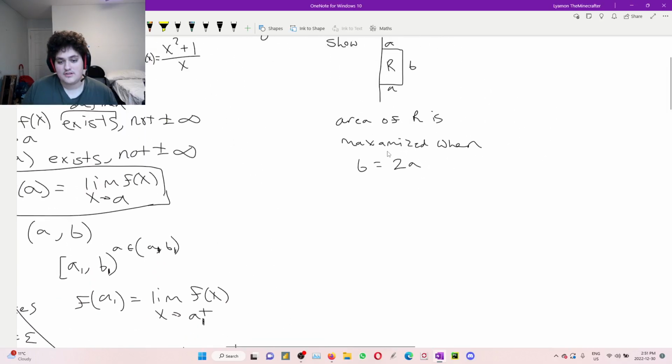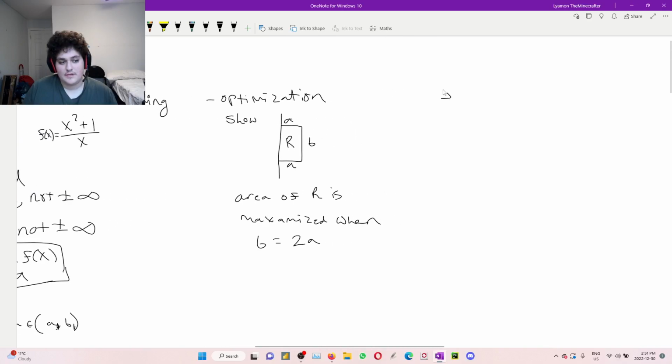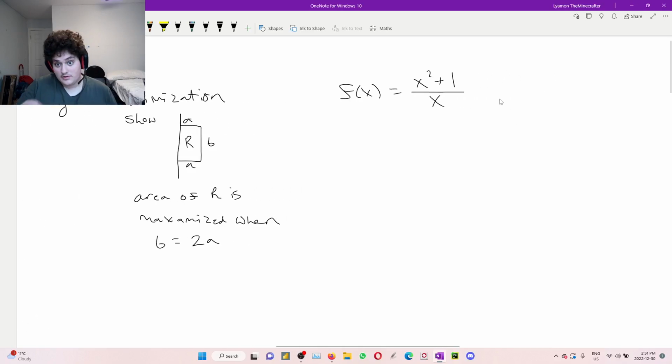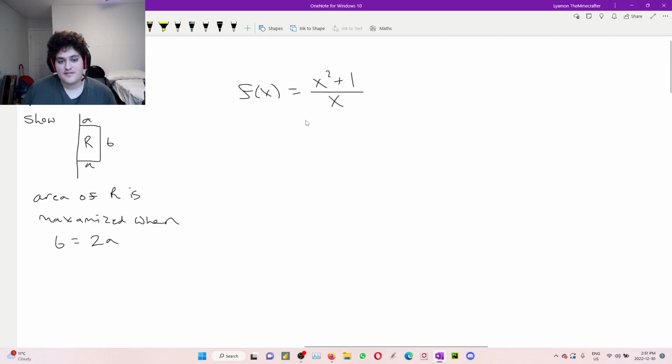So let's try and sketch the graph of x squared plus 1 over x. The first thing we can look for is the domain. This is defined everywhere where x is not 0, obviously, because the numerator is a polynomial, it's going to give you a real number.